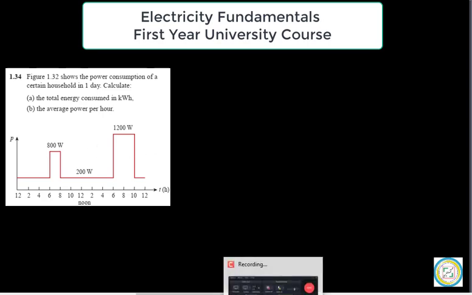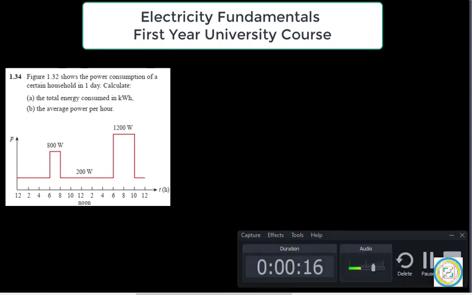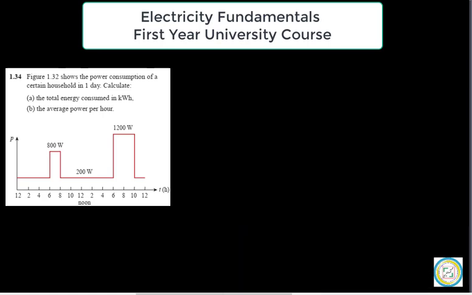So, in the previous lecture, we discussed topics related to power and energy, and we were trying to solve this numerical example, the one that's in front of you right now. The numerical example has given you the graph of power consumed in a house with respect to time, and the time is given in hours.